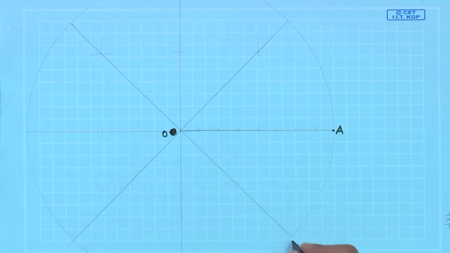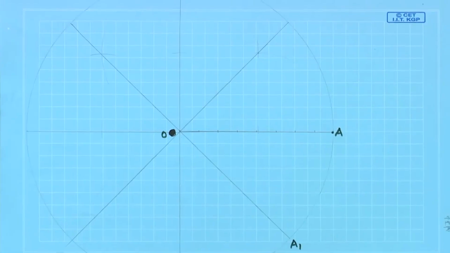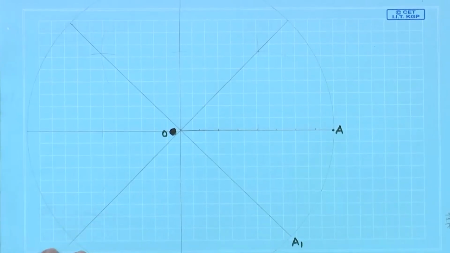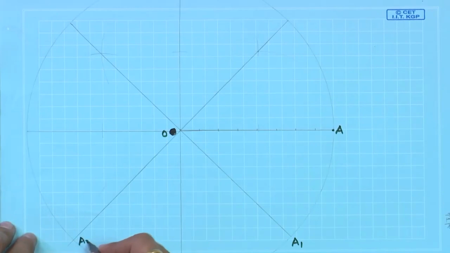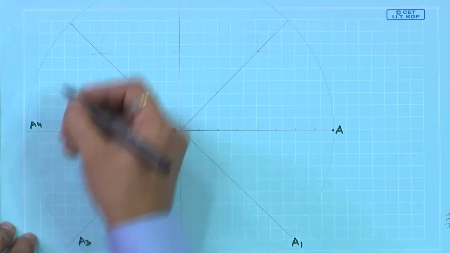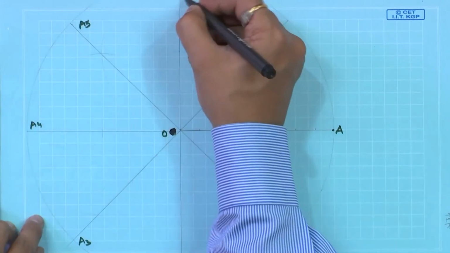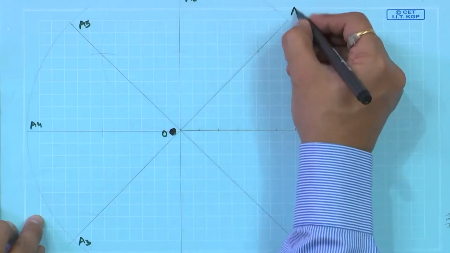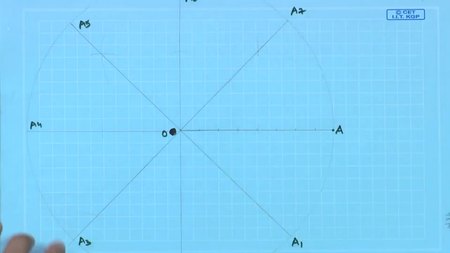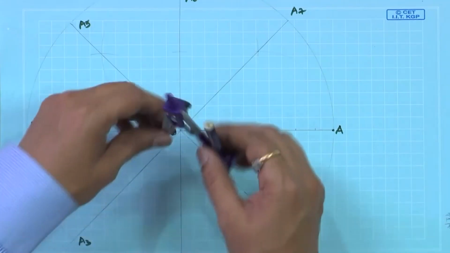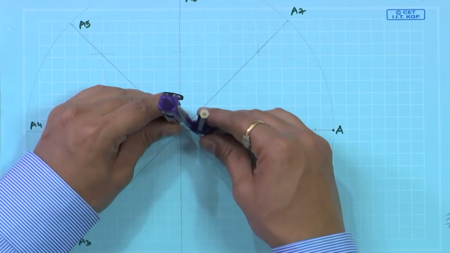Now, write down this sectorial information A1, A2, A3, A4, 5, 6, 7. Once it is done, make arcs all the way beginning.